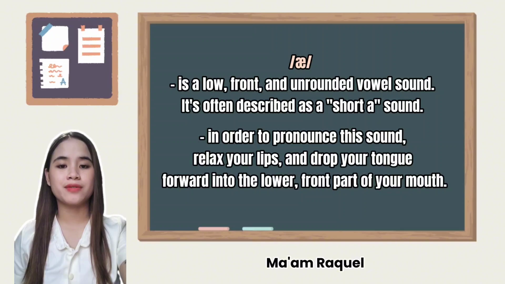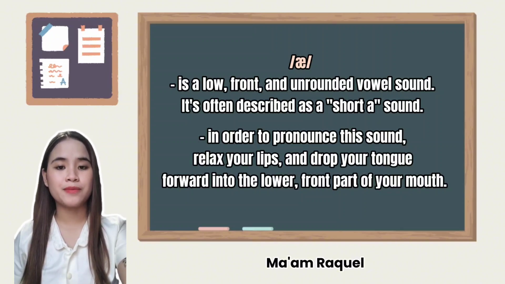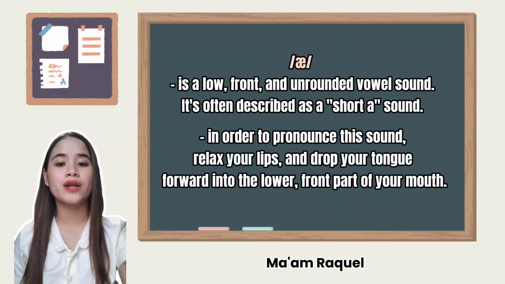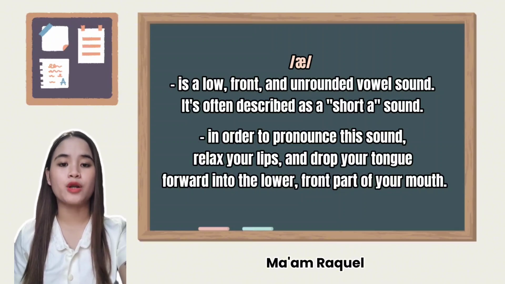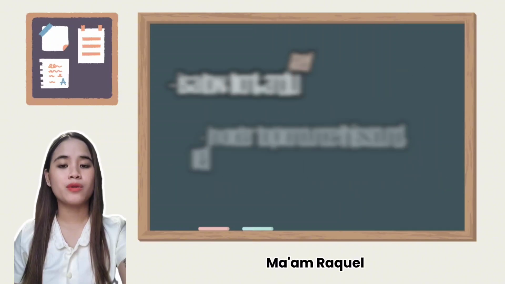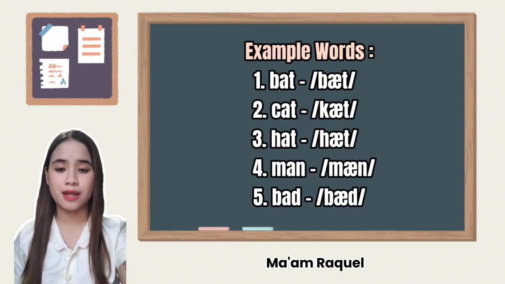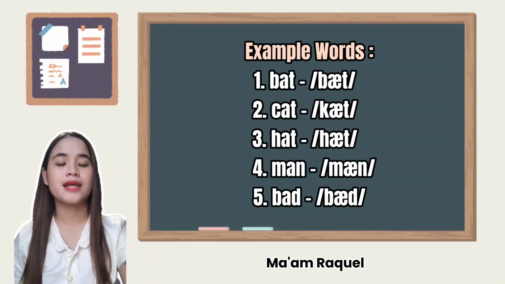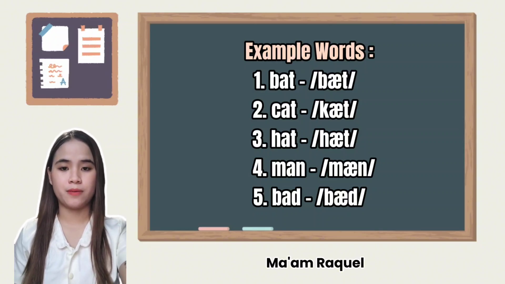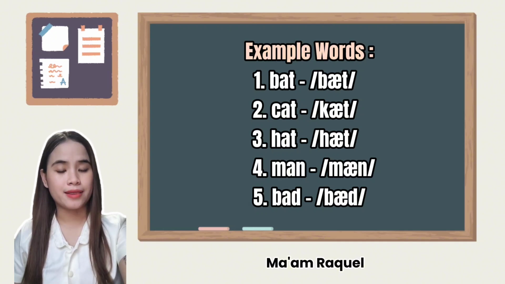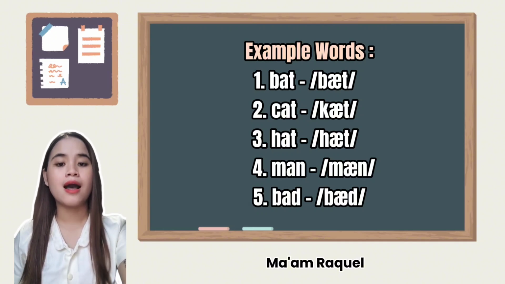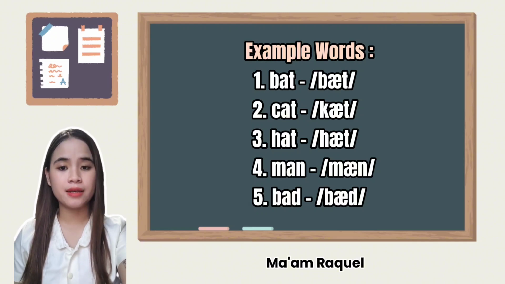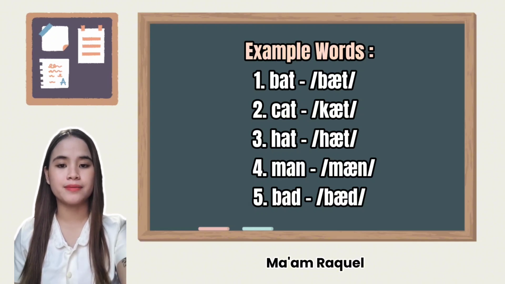In order to pronounce this sound, relax your lips and drop your tongue forward into the lower front part of your mouth. So these are the examples of this sound, including its IPA transcriptions. Bat, cat, hat, man, and bed.